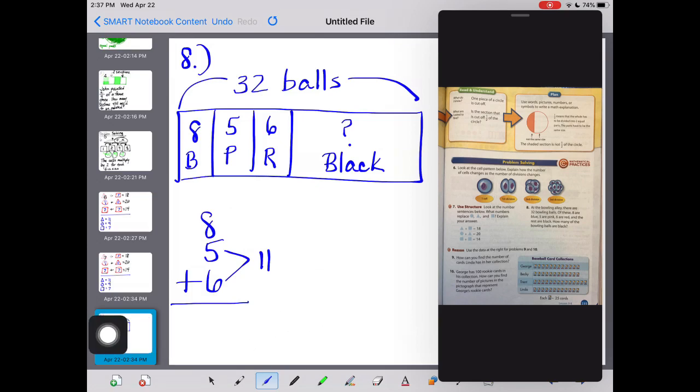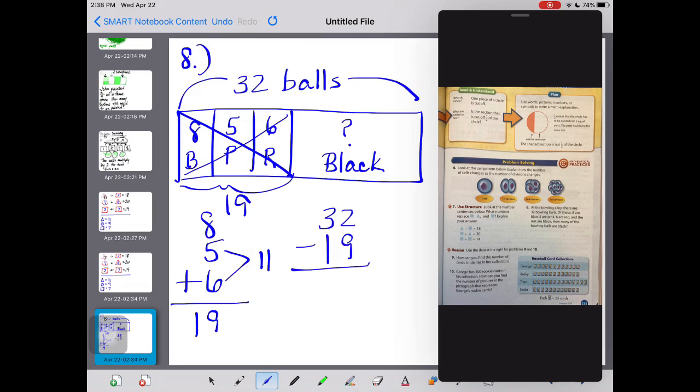And now I'm going to add 8 to that. 8 plus 11 is 19. So now I know this whole thing is 19. Let me subtract 19 from the 32, and that will leave what's left over. So I'll say 32 minus 19.